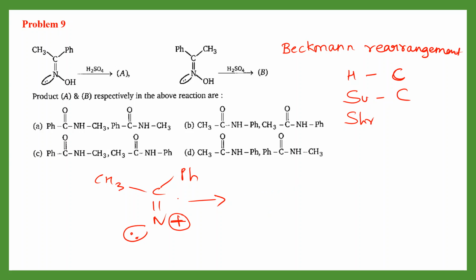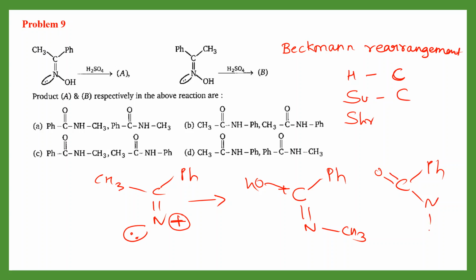So if this group migrates, what charge will come? If the CH3 group migrates, positive charge will come. Correct or not? Yes, ma'am. Now, attack of water molecule. Now, CO, Ph, N, CH3.